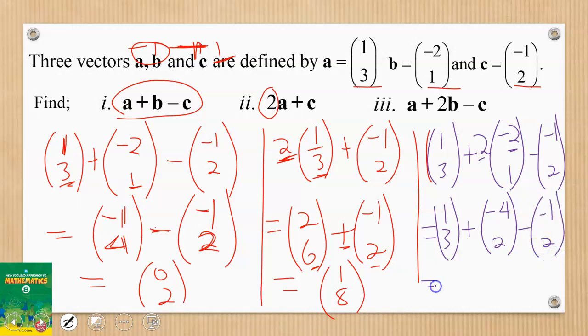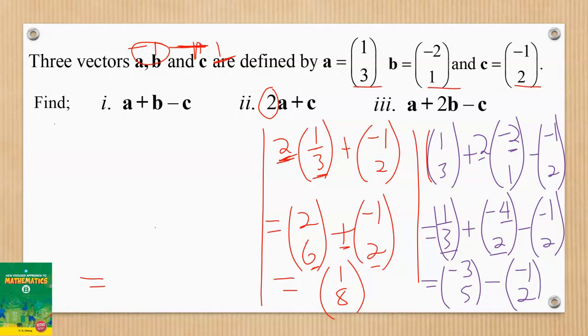Once again, I can add: 1 plus -4 will give me -3. Then 3 plus 2 will give us 5. Then we have minus (-1, 2). Now let me transfer our answer: (-3, 5) minus (-1, 2).